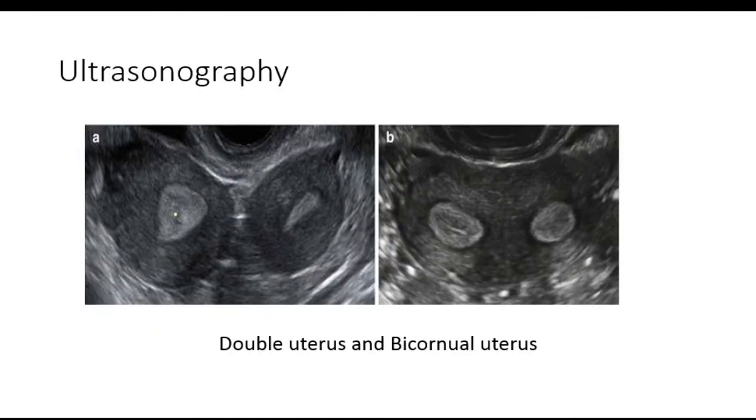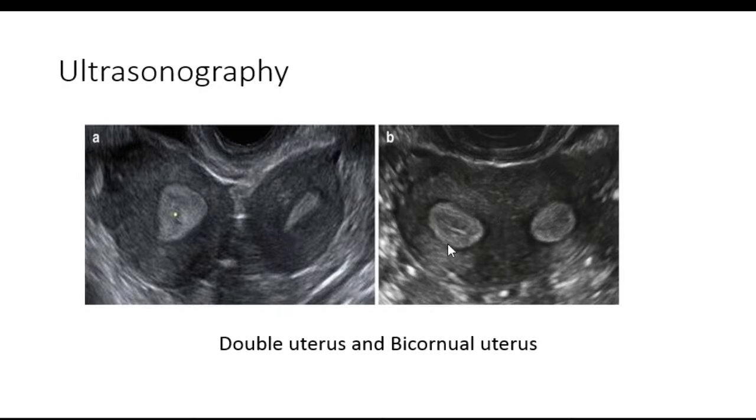And you can see here two photographs of the double uterus or uterus didelphys to the right, and on the left you see bicornuate uterus. So those two uteri are close but separated from each other. You can see it easily on ultrasound.